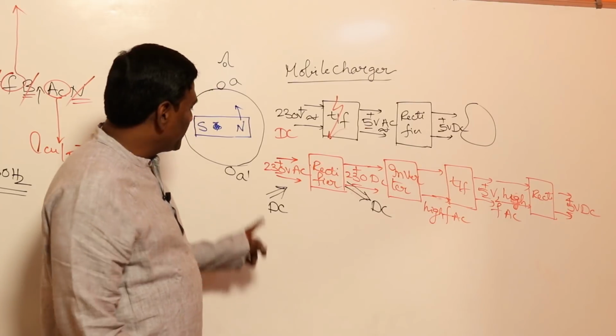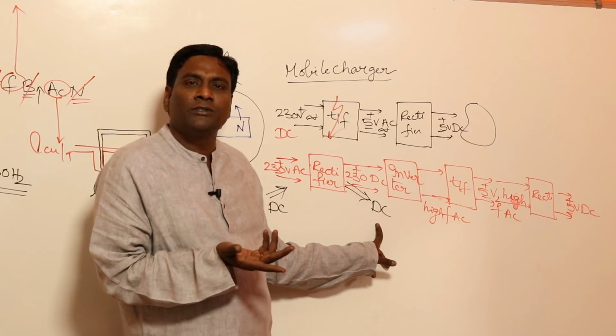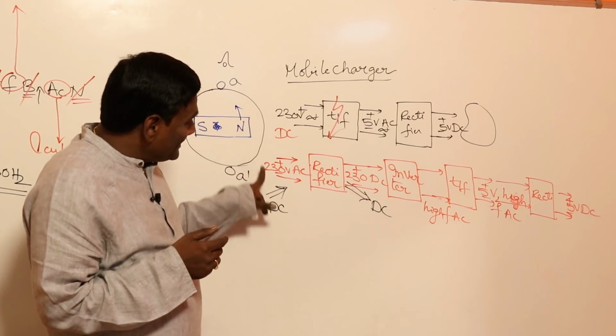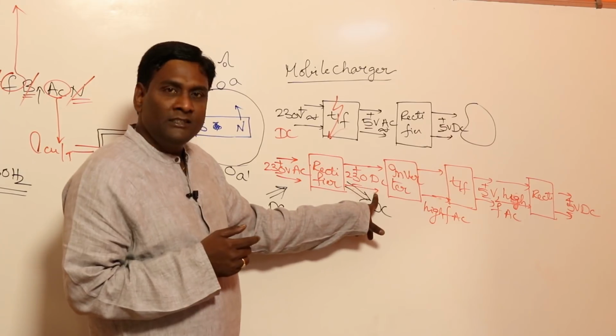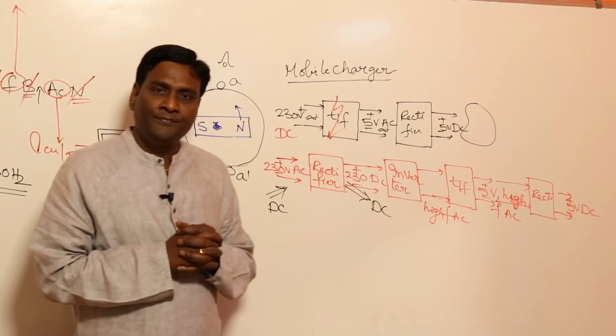If you supply DC to the rectifier, after the rectification process only DC will remain. So even if you supply AC or DC, after the rectifier this is going to be DC only. The remaining process will continue.